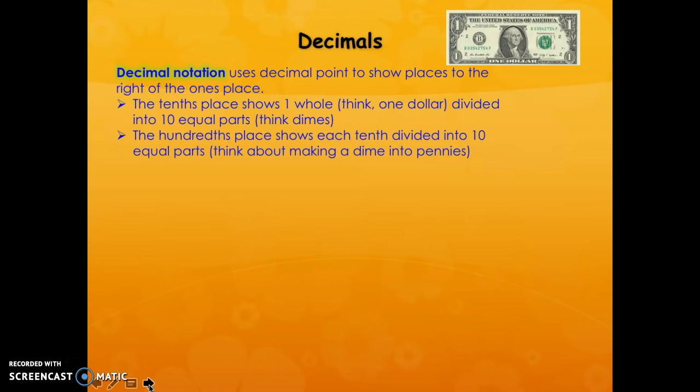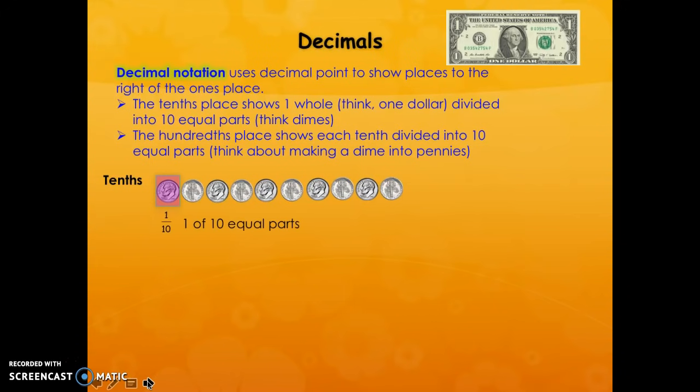So that would be like taking a dime and making it into pennies. So let's first think about tenths. All right, so if we have 10 dimes, that equals $1. So each individual dime is 1/10 of a dollar.